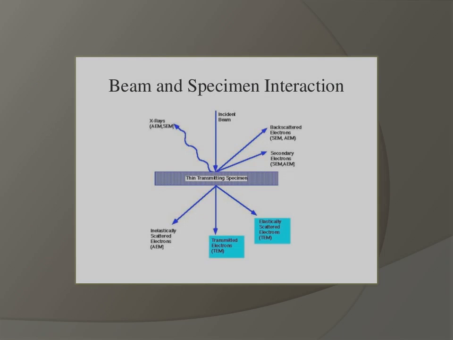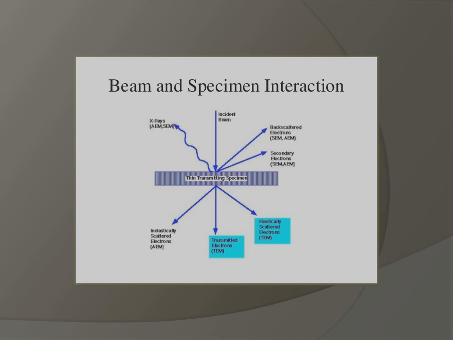This is the representation of beam and specimen interaction, where you can see the incident beam and a transmitting specimen. This technique is common for all types of microscopes, either SEM or TEM. The basic principle is this.